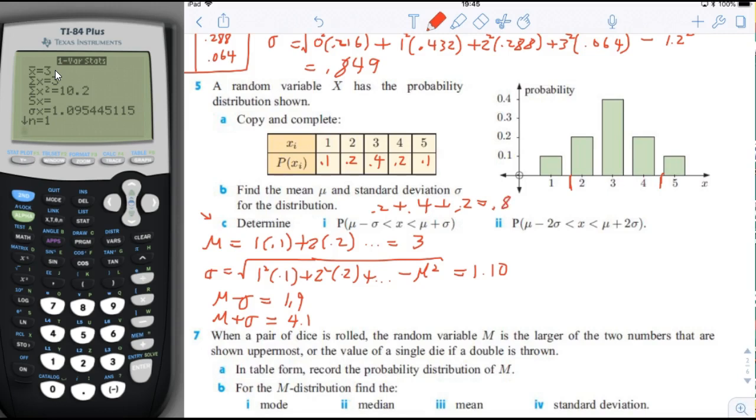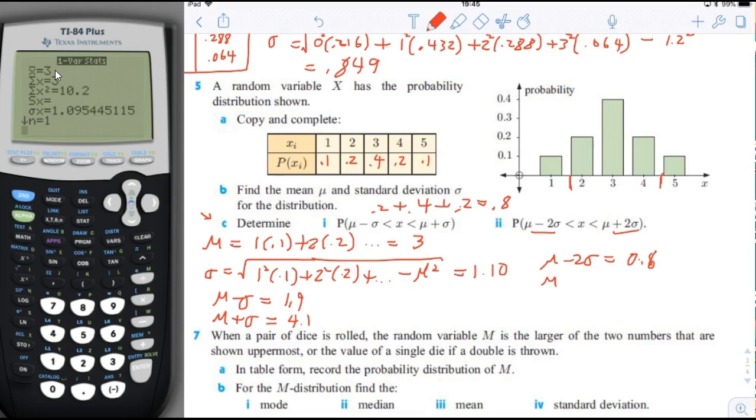What about the next one? What is the probability that's between mu minus 2 sigma and mu plus 2 sigma? So mu minus 2 sigma is equal to 3 minus 2.2, which is 0.8.